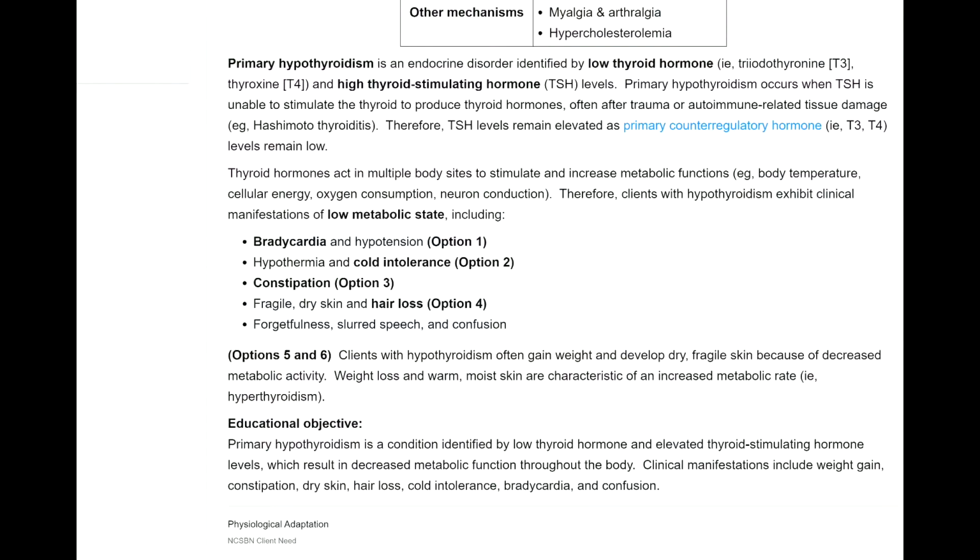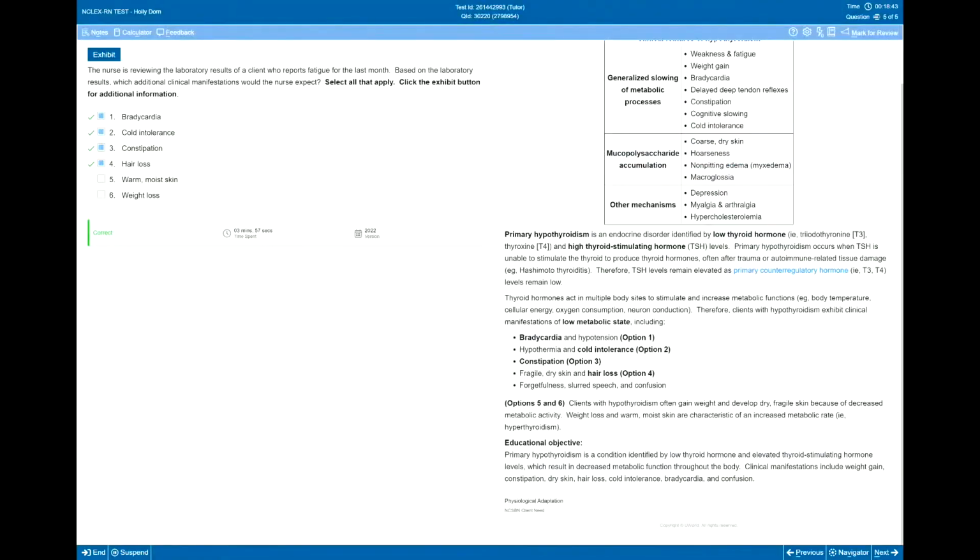So when I look at these questions, the best way for me to determine if a client is experiencing hyperthyroidism or hypothyroidism is really to look at our T3 and our T4 values. These are always going to be low with hypo and high with hyper. So our value was pretty low here. So we know we should be looking for the slow, sluggish manifestations of hypothyroidism.